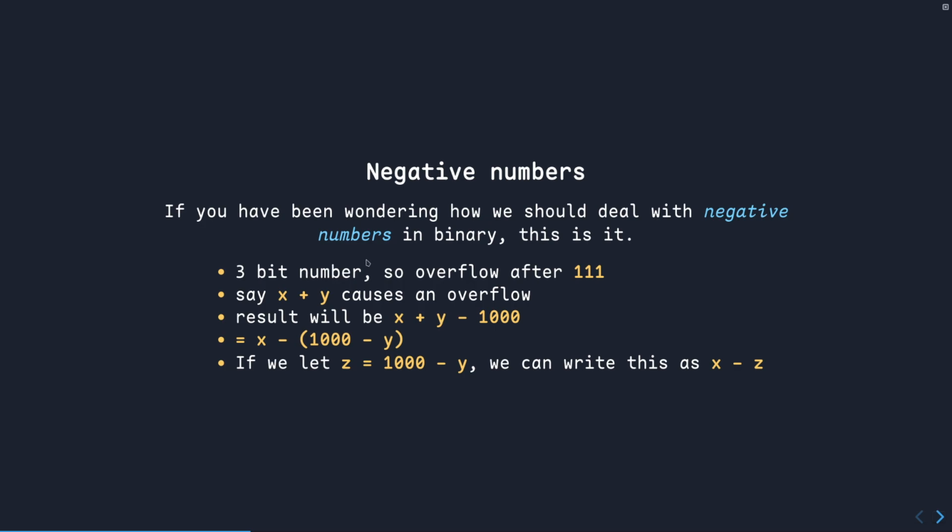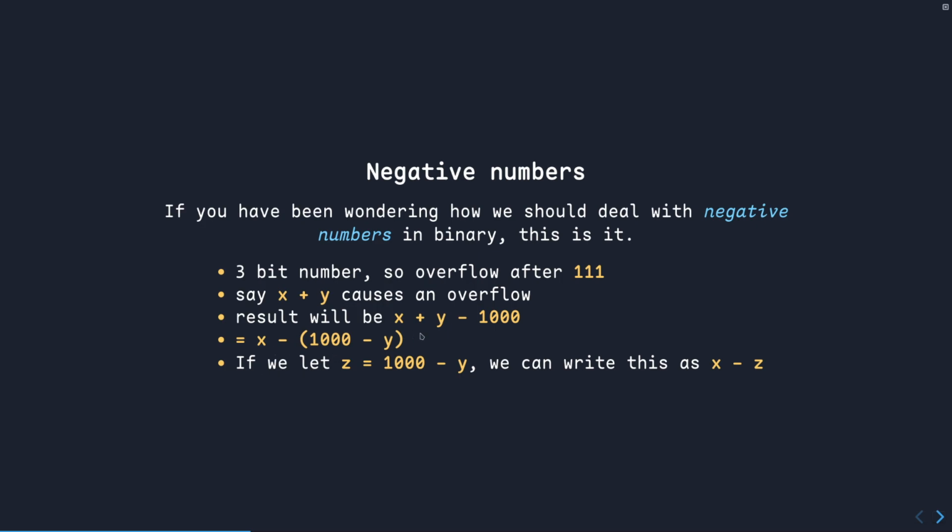So suppose we're working with a 3-bit number, which means our numbers will overflow after reaching 111 in binary. And we want to add two numbers together and say that the addition of x plus y causes an overflow to occur. This means our result will not be x plus y, but will instead be x plus y minus 1000, because the decimal place after that gets discarded because we are only working with 3 bits.